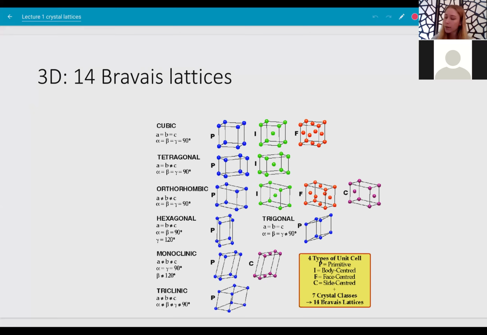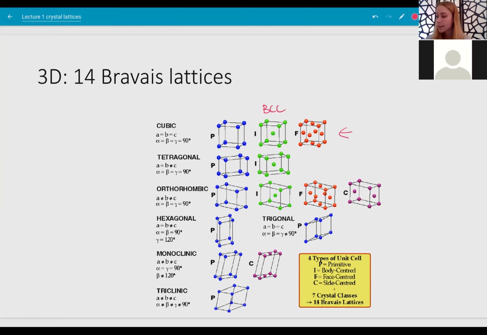I want to again point out that in the cubic system, you have 2 examples of conventional cells that are not the primitive cell. This one right here in green is called body-centered cubic, BCC, and it has an atom in the center of the cube, and you can count for yourself.